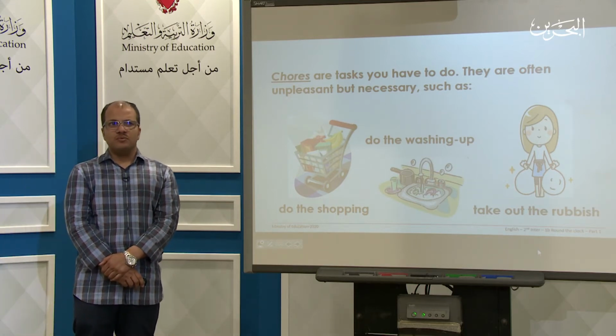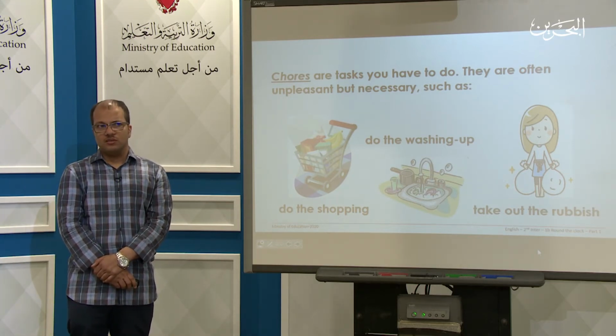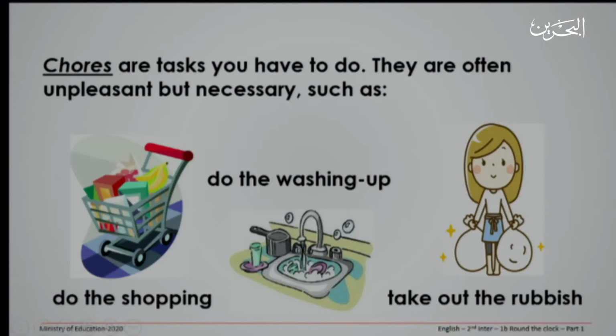Added to that, we have the term chores, which are tasks you have to do. They are often unpleasant but necessary, such as do the washing up, do the shopping, and take out the rubbish.